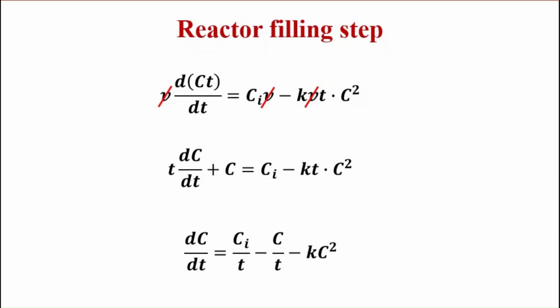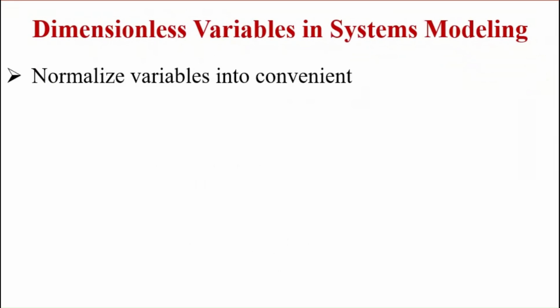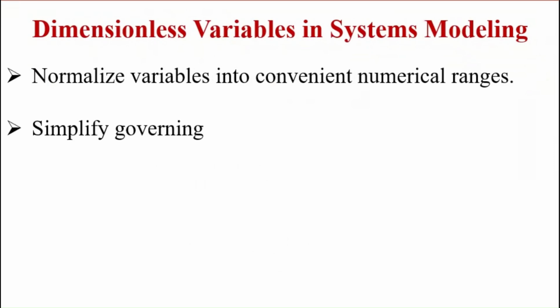In systems modeling, it is generally advantageous to use dimensionless variables rather than dimensional independent and dependent variables. One benefit of working with dimensionless variables is that they map the original variables from physical parameter ranges to normalized numerical intervals.